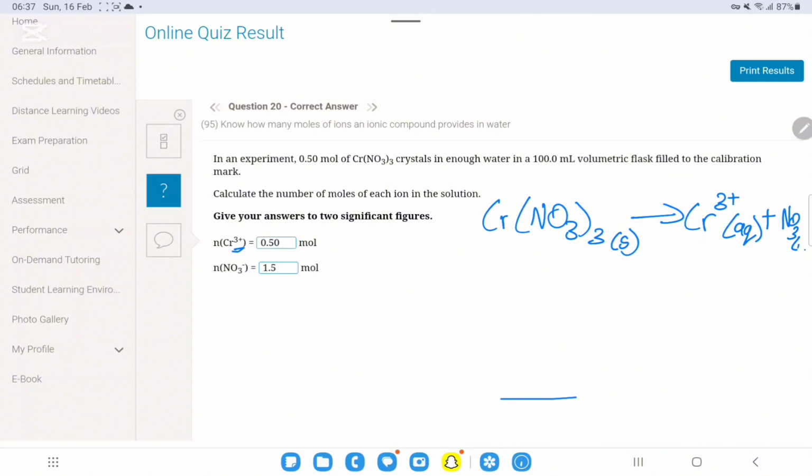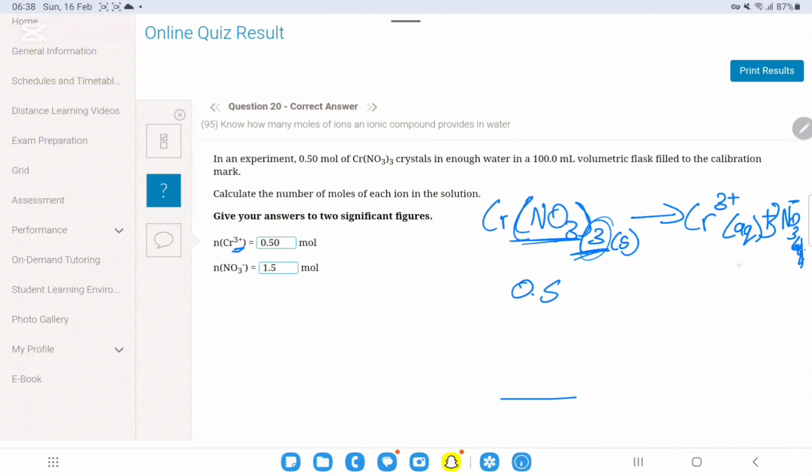The charge of NO3 is minus, so minus. Here we have 3 ions of NO3 because of the bracket and the 3 here, so 3 NO3 and 0.5 moles of the solid, so 0.5.